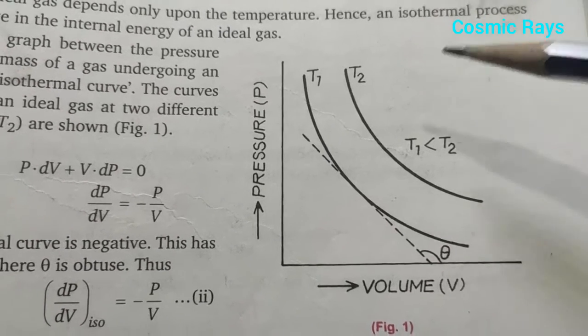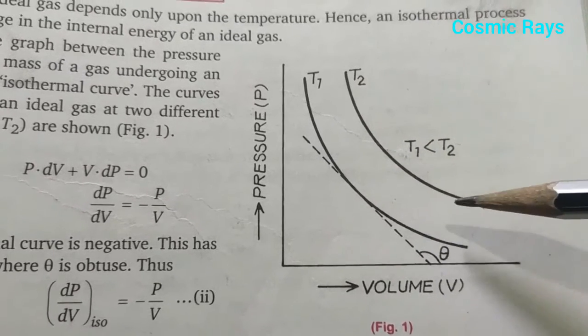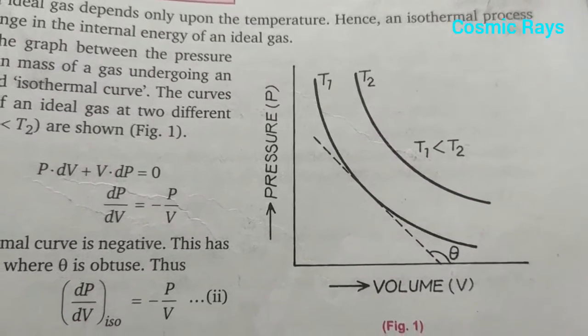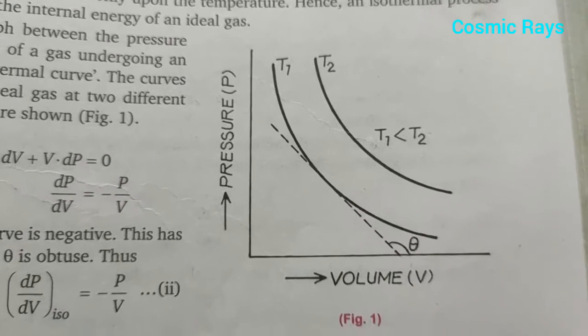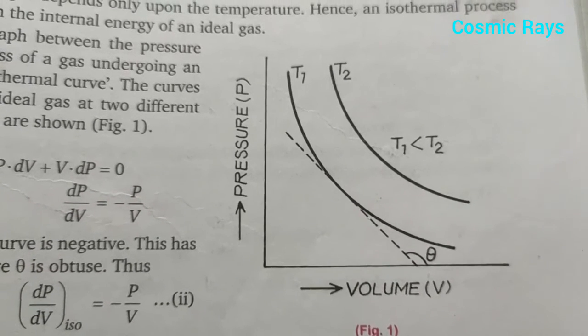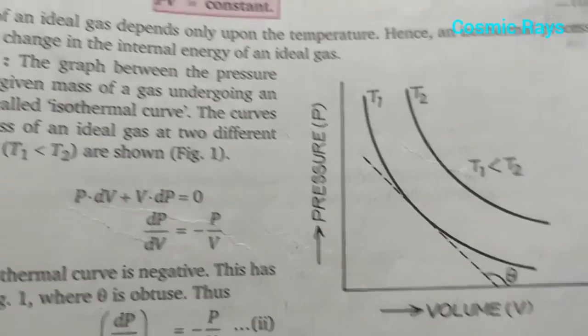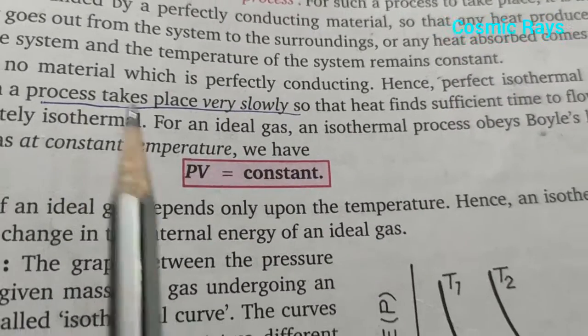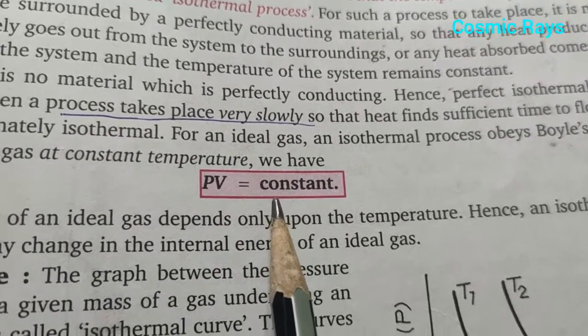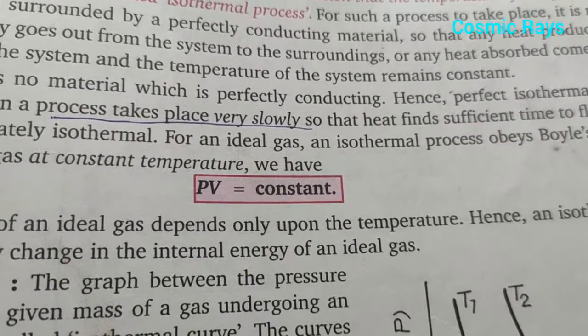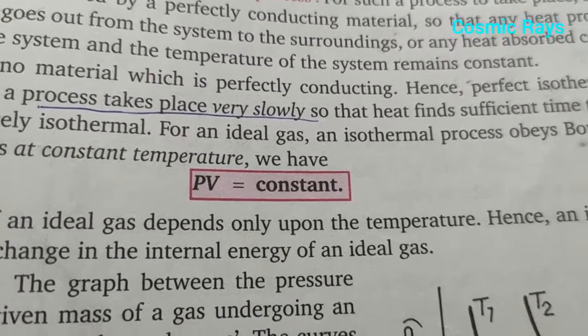So we will find out the slope of this curve by simply differentiating the equation PV equal to constant. When we differentiate it, we will be using the product rule of differentiation.